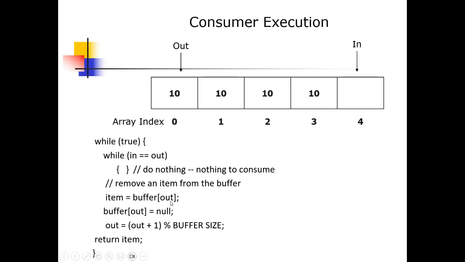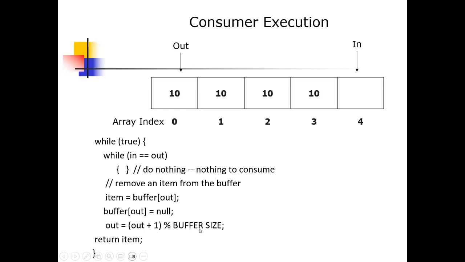Item buffer will take out a value. Right. Buffer out means 0. So we will take out that value and buffer out becomes null. Buffer 0, this becomes null. This becomes empty. Right. Because we are taking the value out and making this empty. And then out equals out plus 1 mod buffer size.